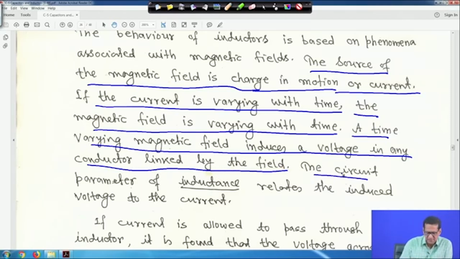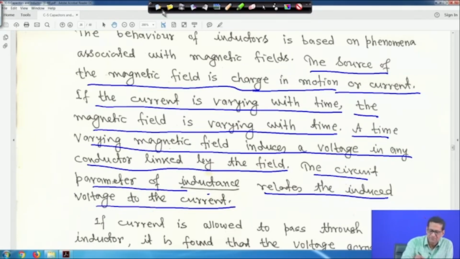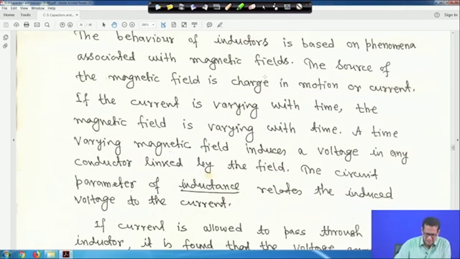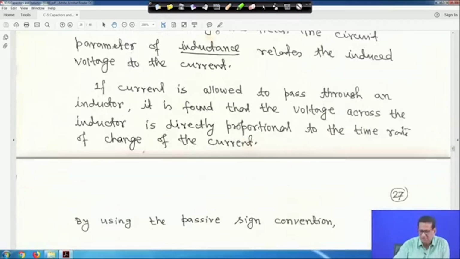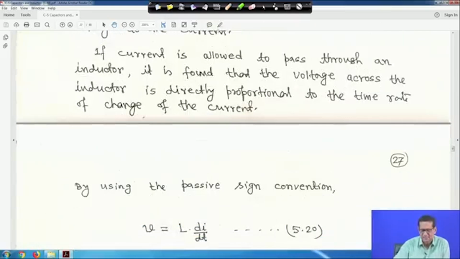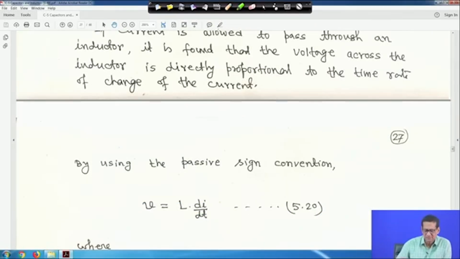The circuit parameter of inductance relates the induced voltage to the current. In general you know that v is equal to L into di by dt, we will come to that. If the current is allowed to pass through an inductor, it is found that the voltage across the inductor is directly proportional to the time rate of change of the current.